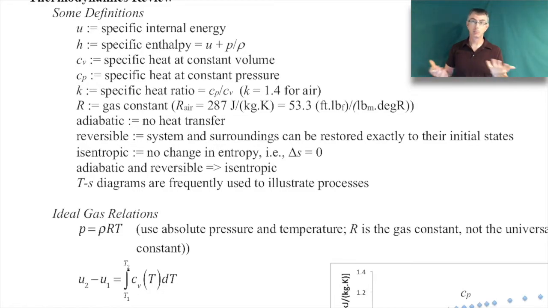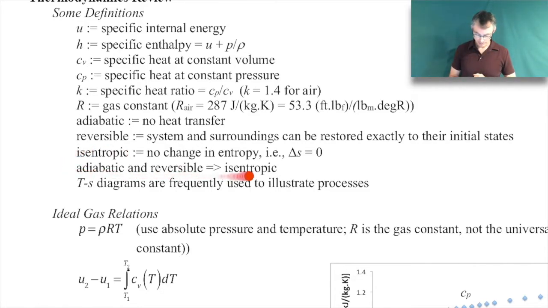So we'll talk about that when we talk about shock waves. Isentropic flow, this is where the entropy remains constant in a flow. And of course, if you remember back to your thermodynamics, reversible and adiabatic flows are isentropic. So if you have a reversible and adiabatic flow, then that means it'll be isentropic.